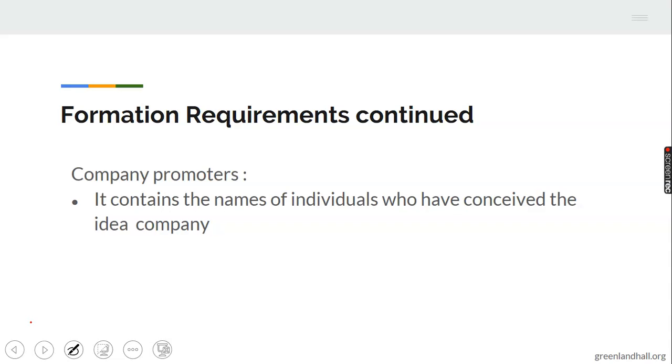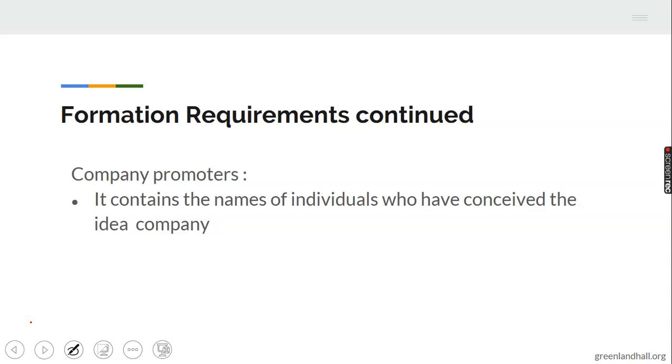Then we have also the company promoters. When we say company promoters, these are the people that have considered it and believe that there's a need for them to come together and establish a company.